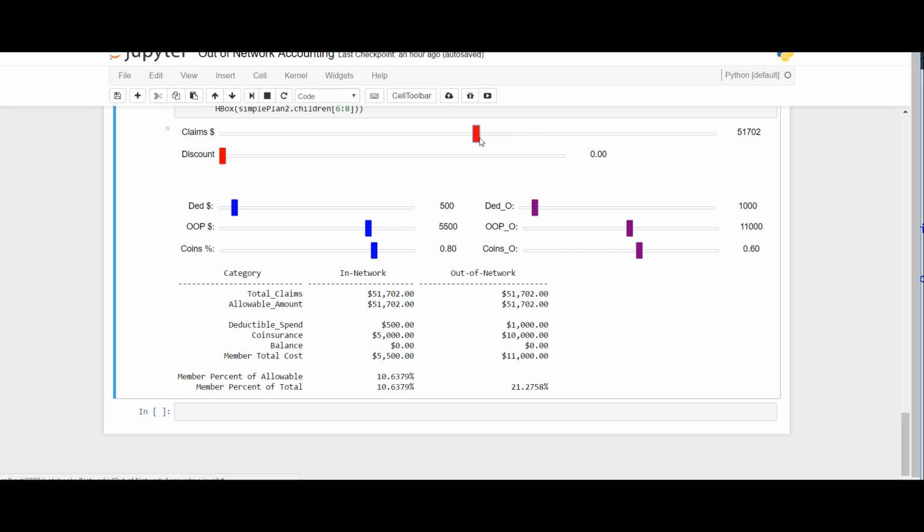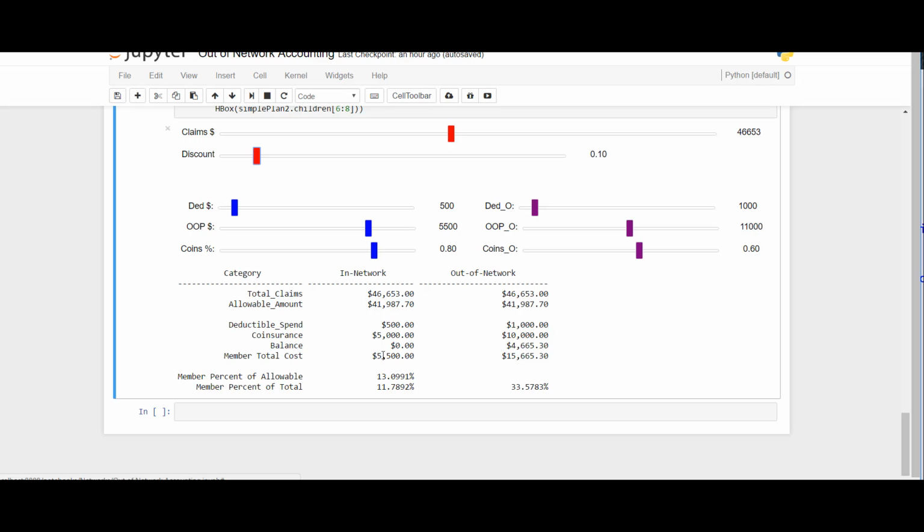They've capped, and so even though health expenses are going up, the insurance company is paying the difference and the member's not paying anything. But if we were to assign the provider discount, let's say that the insurance company negotiated with the medical provider and said, we're not going to pay the $46,000. We're going to negotiate a 10% discount with you.